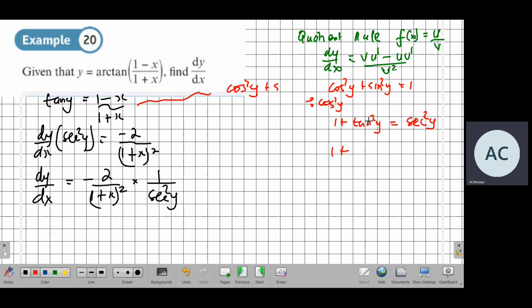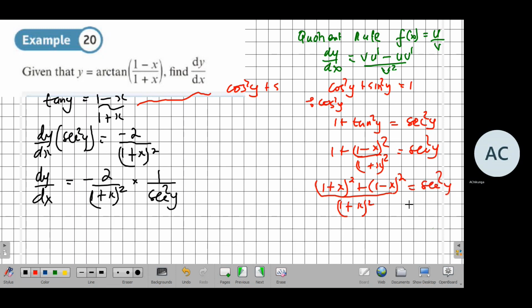So sec squared y is going to be 1 plus tan squared y, of which our tan is 1 minus x over 1 plus x, squared. That's our sec squared y. We can further simplify it to become 1 plus x squared plus 1 minus x squared all over 1 plus x squared. Do we actually need to simplify it further? Not at the moment, but let's just do it.